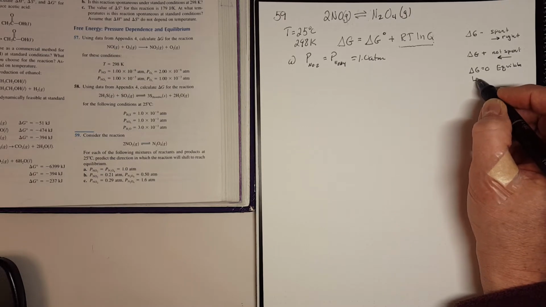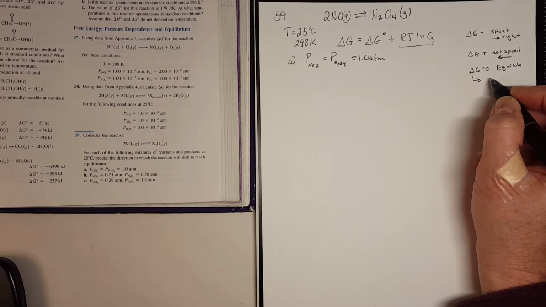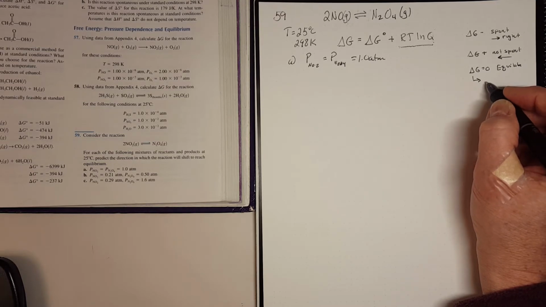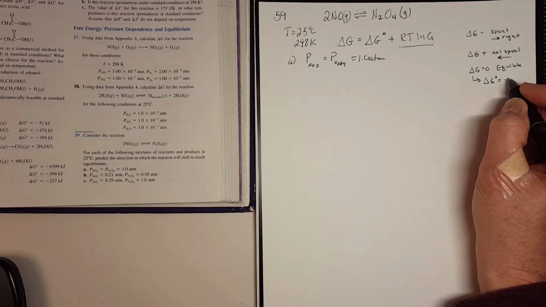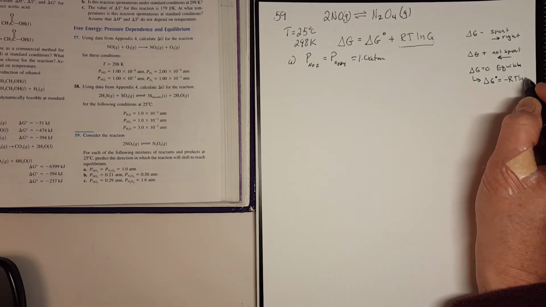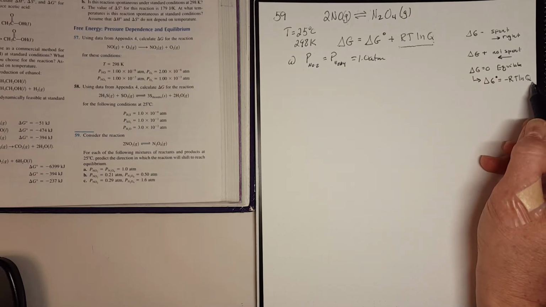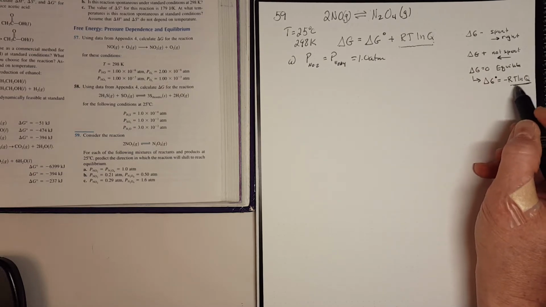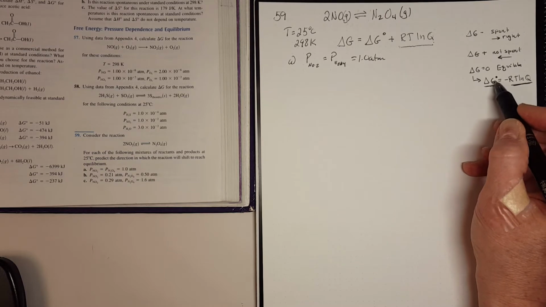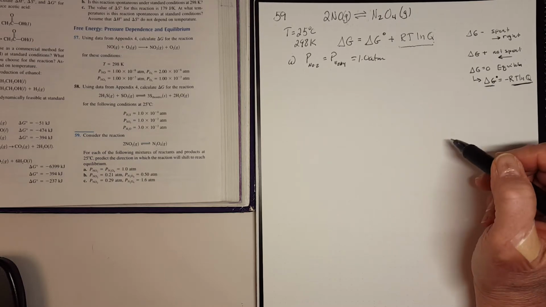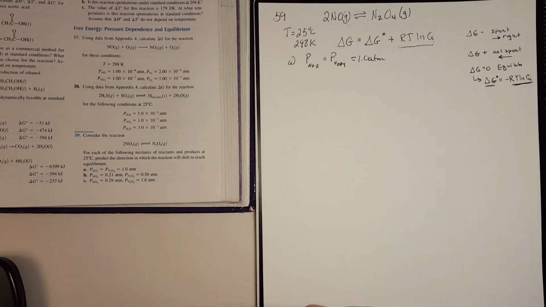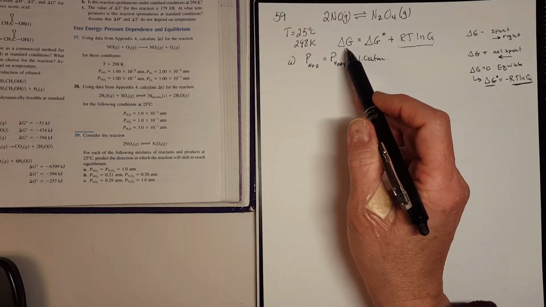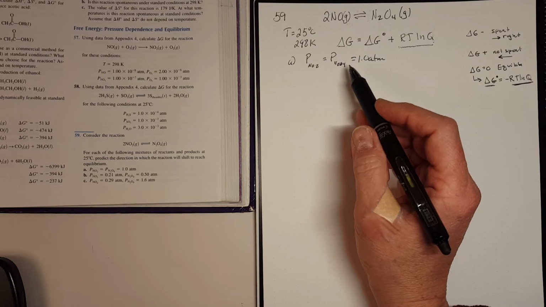And so when delta G equals 0, that means that my delta G standard state is going to equal negative RT ln Q. So when my Q value makes this equal to my delta G at standard state, that means that I'm at equilibrium, because when these two are equal and opposite, I have a delta G of 0, and that means that I would be at equilibrium.